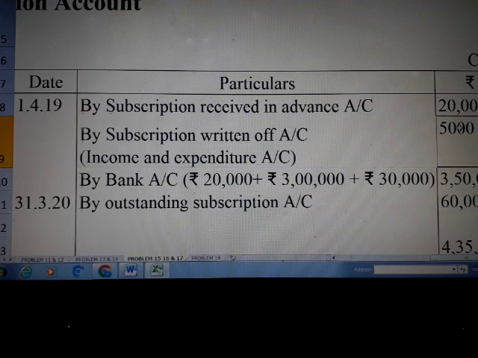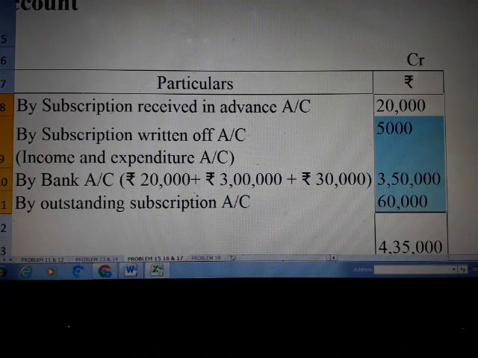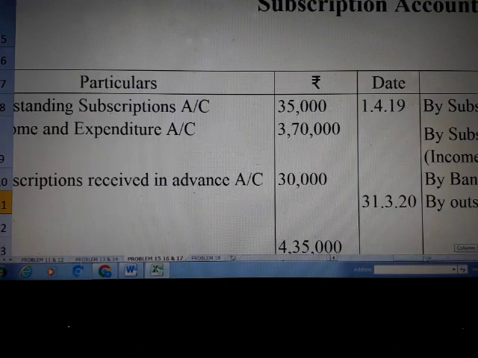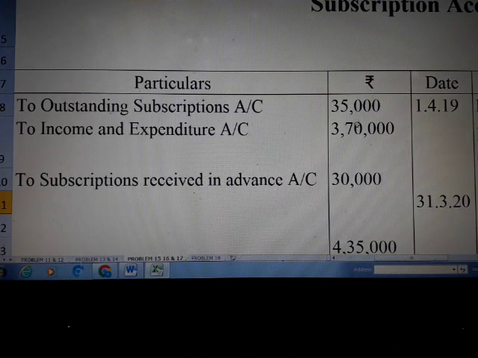credit side. So now when I total the credit side value, I'll get altogether an amount of rupees 4,35,000. When I'm going to club the values on my debit side, I have only 35,000 and 30,000. So there will be a shortage of an amount of rupees 3,70,000.